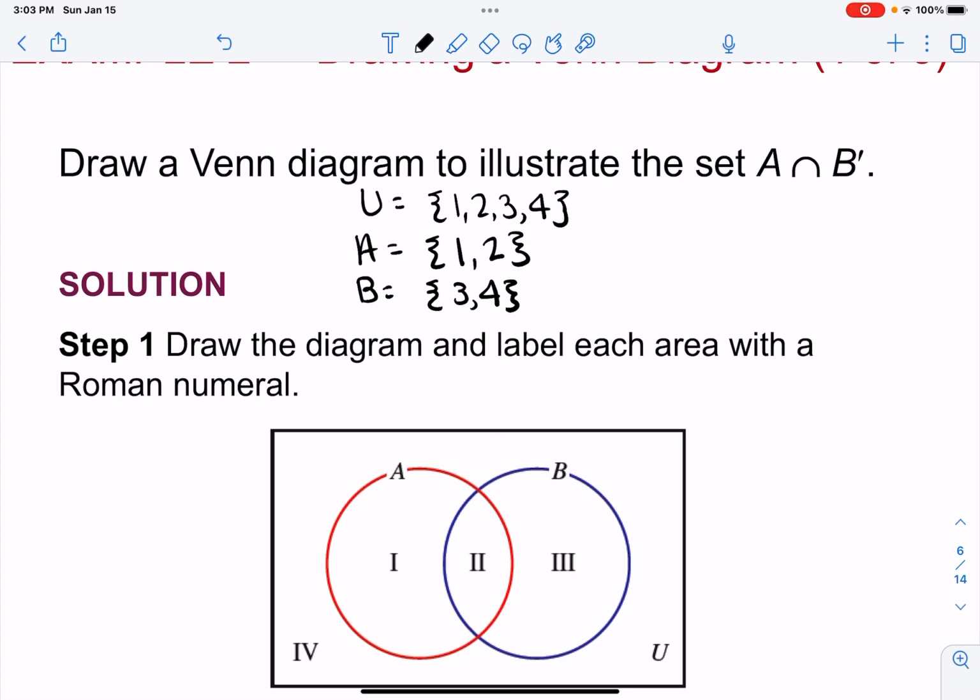And so the first thing I have to do is the not B. So what would set not B be? Well, B is 3 and 4, so not B would be 1 and 2. So then I want to know what the intersection is between A and not B.